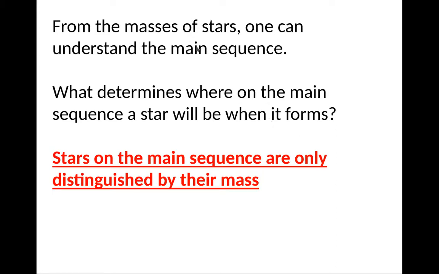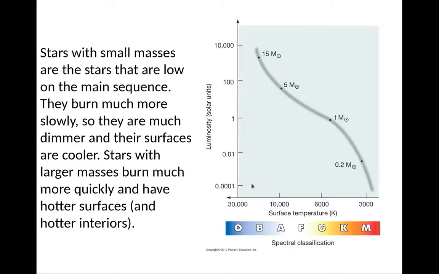One can understand the main sequence, right? So what determines where on the main sequence the star will be when it forms? It turns out that stars in the main sequence are only distinguished by their mass. In fact, the HR diagram, that pattern that Hertzsprung and Russell found, the line that the stars follow, just follows the mass.